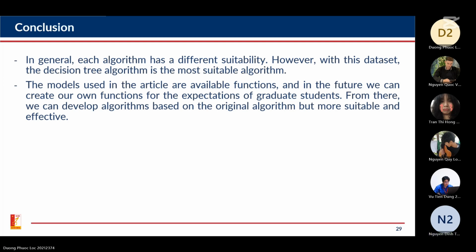The models are from available library functions, and in the future we can create our own function to predict the expectation of graduate students. From there, we can develop algorithms based on the original, but more suitable and effective.